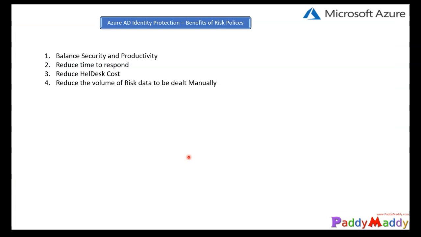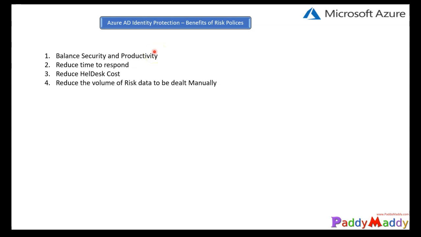If we look at the benefits of the risk policies, the first one would be balancing security and productivity. For example, all sign-ins are not challenged with multi-factor authentication, because we want to ensure that security is balanced along with productivity.